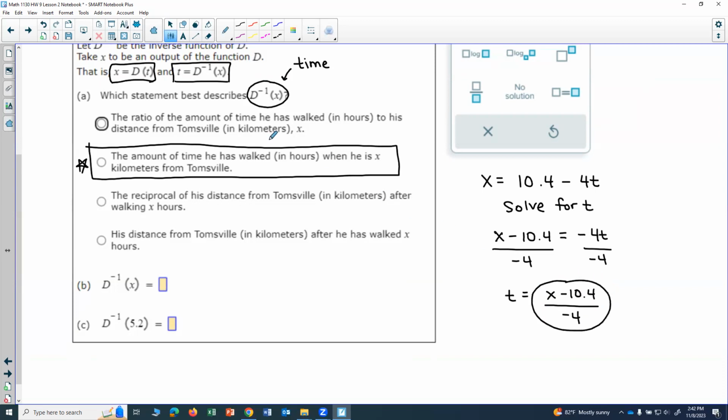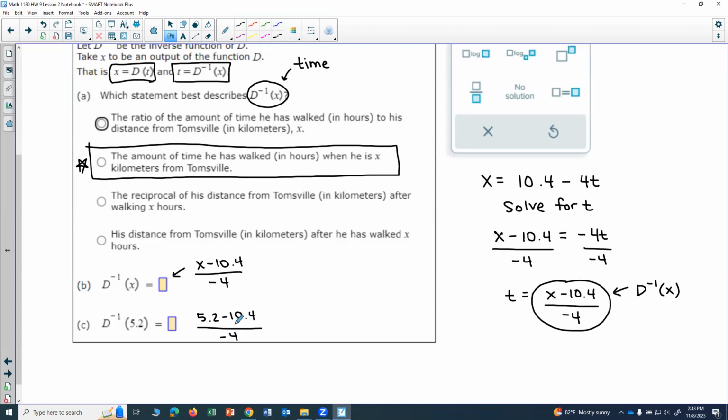And then remember that relationship, t equals d inverse of x. So this is my d inverse of x. And so my answer right here is going to be exactly what I found: x minus 10.4 divided by negative 4. And to find d inverse of 5.2, I'm going to do 5.2 minus 10.4 divided by negative 4.